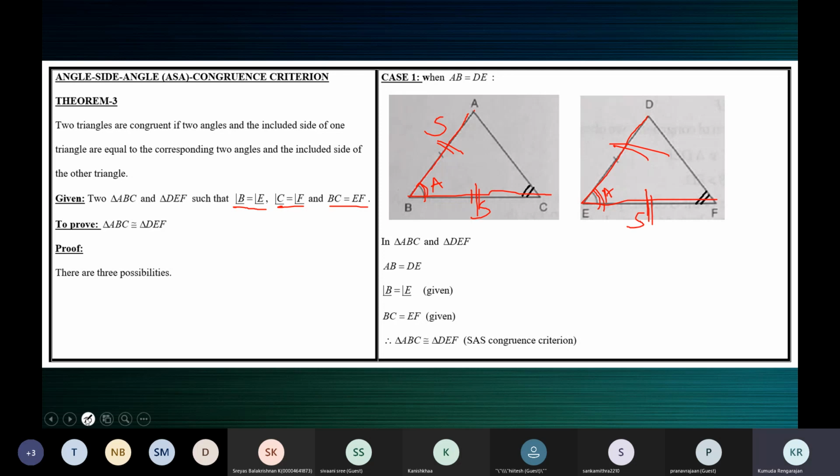I'll come again. We know that this angle is equal to this angle.